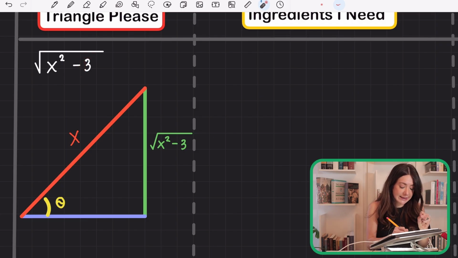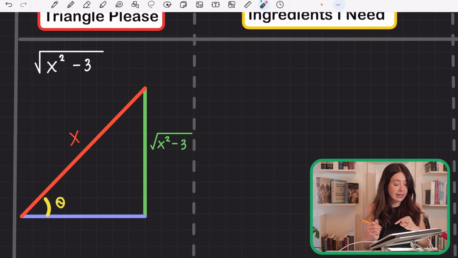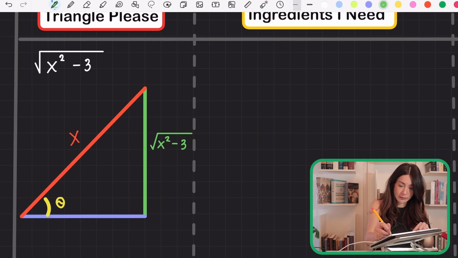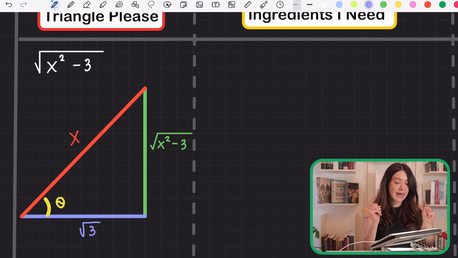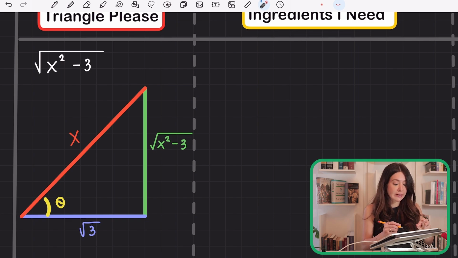Okay, there's another little trick. Don't make a mistake and say that this side is 3. It's not. It's the square root of 3, because the square root of 3 squared gives you 3. And when you're labeling the sides of the triangle, make sure that either all of the sides are squared, so you have x squared here, you have 3, and you don't have this squared part, that's correct and matched.